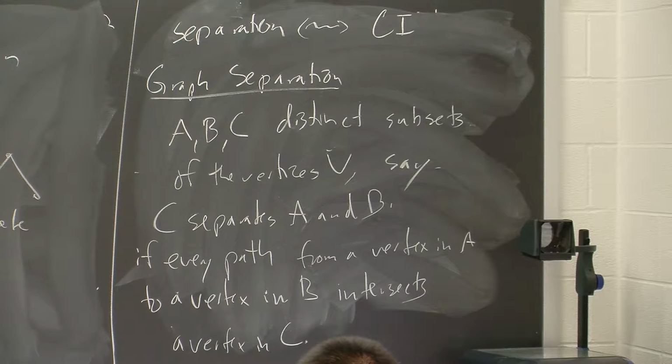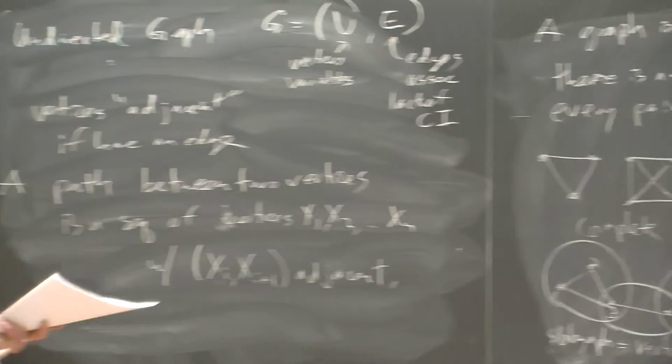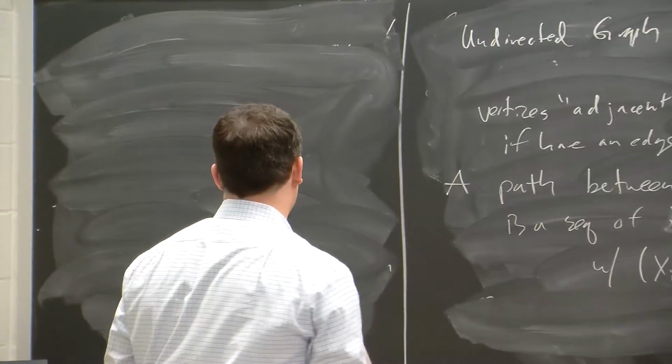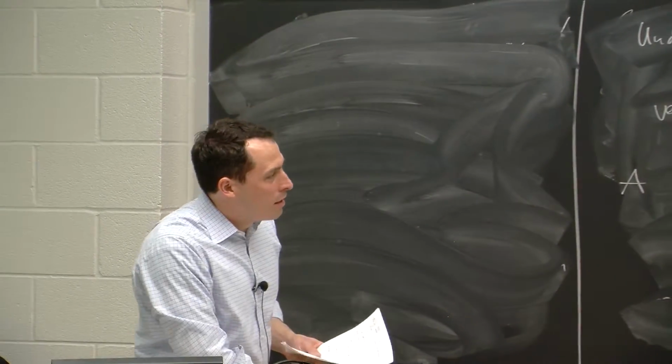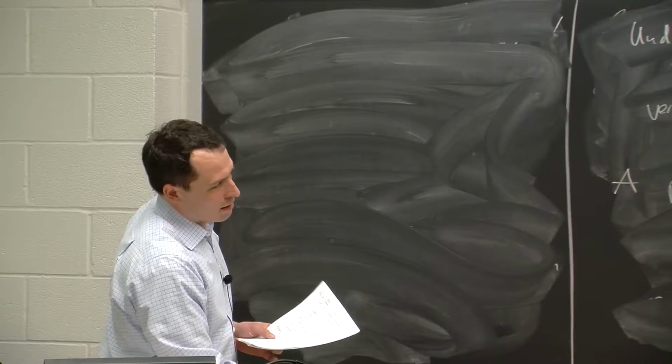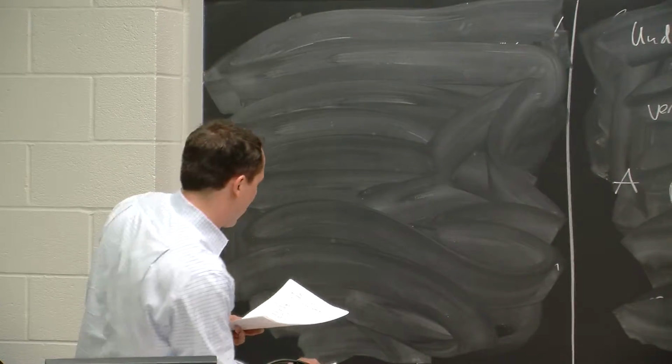So separation implies conditional independence? Well, approximately, that's the idea. It's not literally true in all cases. The literal situation is slightly different, but that's more or less what's going on. But we should be careful about exactly what's true.